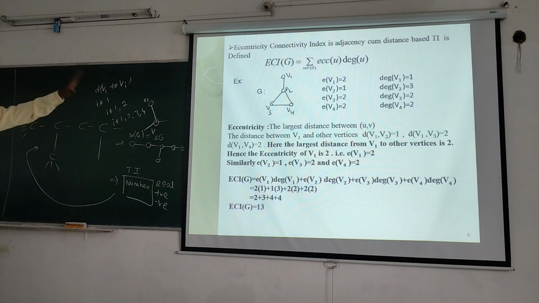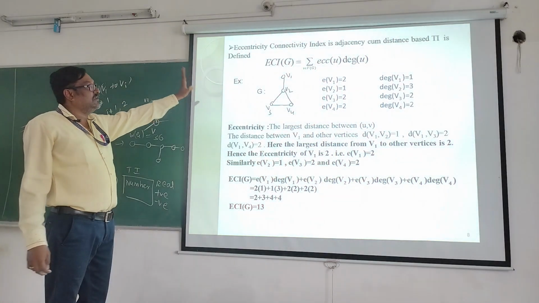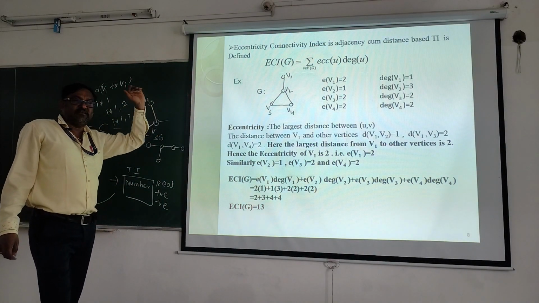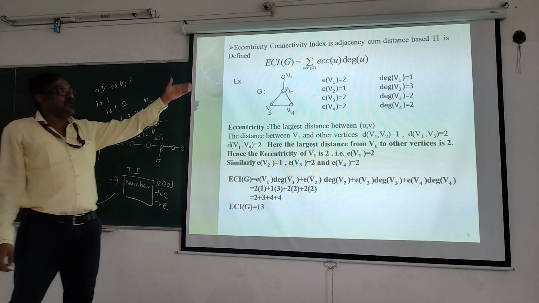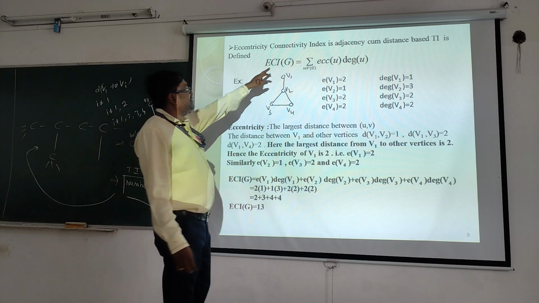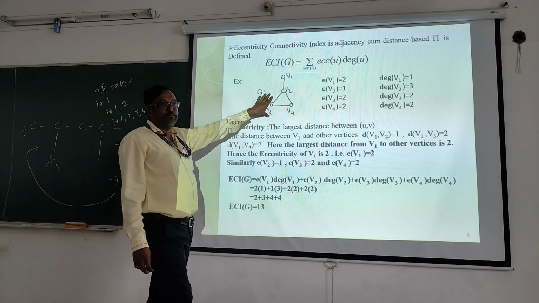Now, one more distance based topological index is the eccentric connectivity index. It purely depends on adjacency. That means adjacency comes under distance based topological indices. It is defined as ECI(G) for a given graph G. Here also I have taken a simple graph just for understanding purposes, with a small graph.